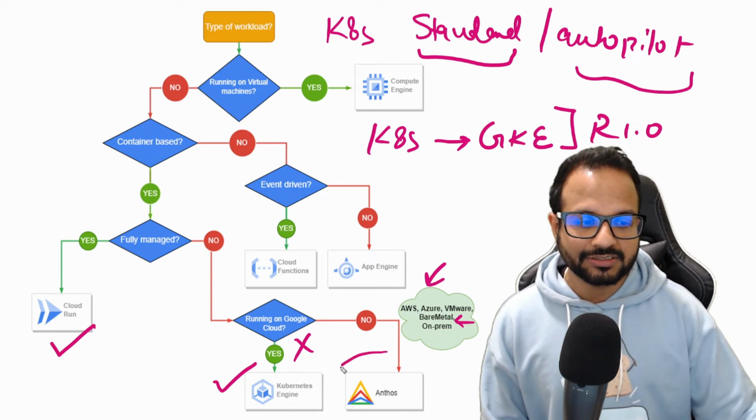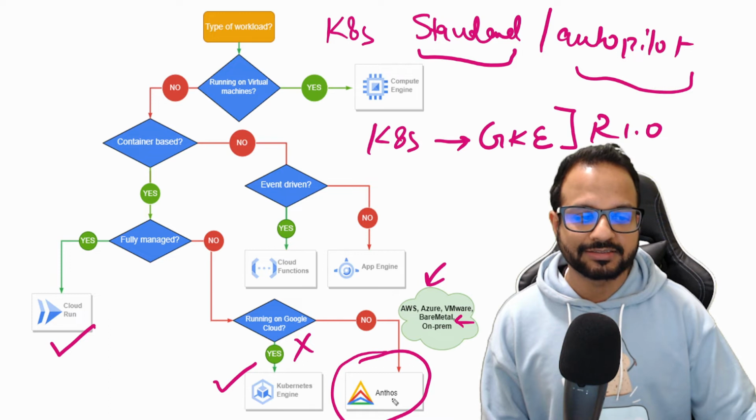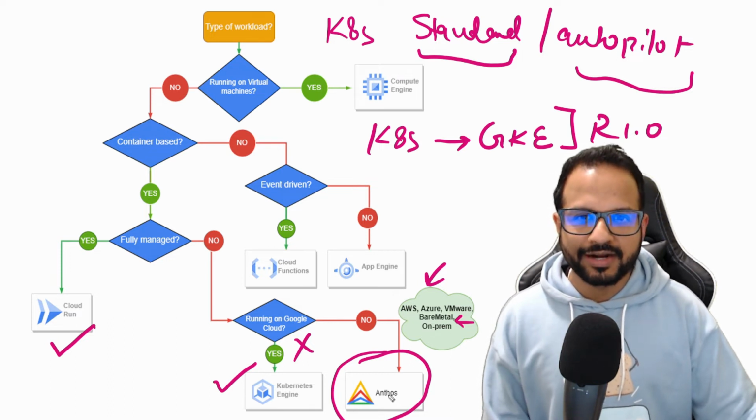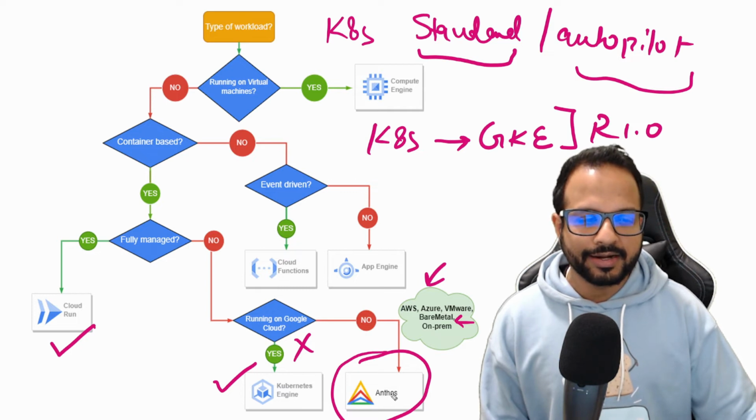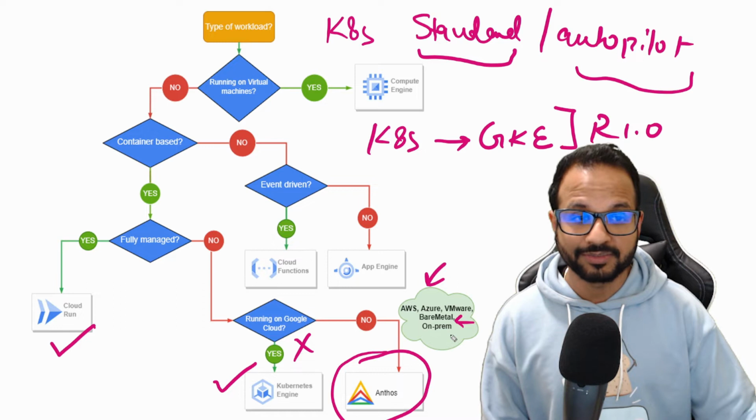So what we use over here is Anthos. Anthos is a very powerful service provided by Google Cloud, and it will give you a single pane of glass for all your Kubernetes clusters, whether running on any of these cloud providers or even on premises. So you can manage all your Kubernetes clusters directly from GCP.